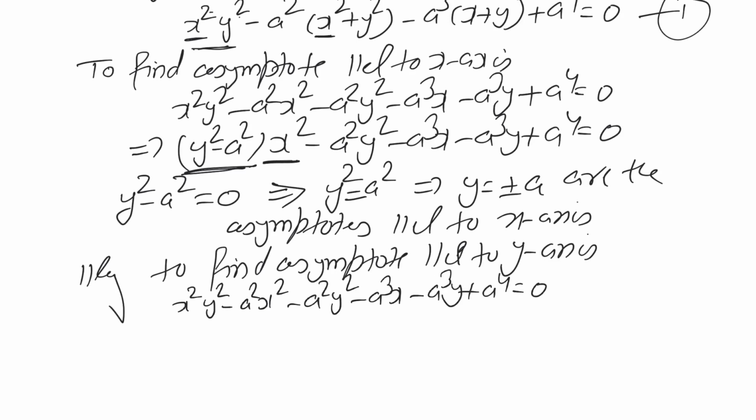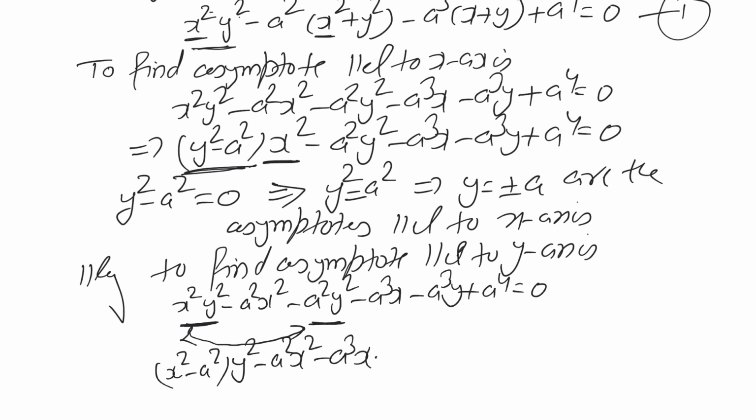Now we are interested to find asymptote parallel to y-axis. Therefore, we have to see the highest degree in y. This is the highest degree in y, y square, and this is also the highest degree in y, that is y square. So club these two. So these two are clubbed as (x square minus a square) y square minus a cube x minus a cube y plus a4 is equal to 0. Now y square is the highest degree in y, and its coefficient is x square minus a square.